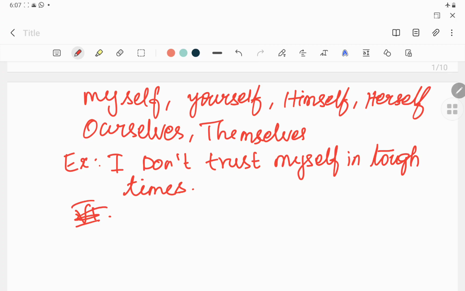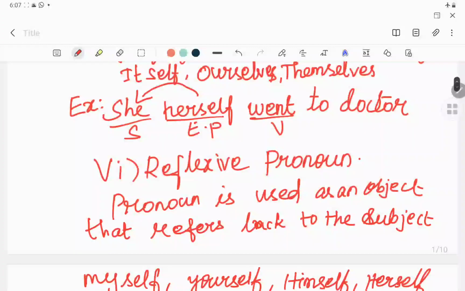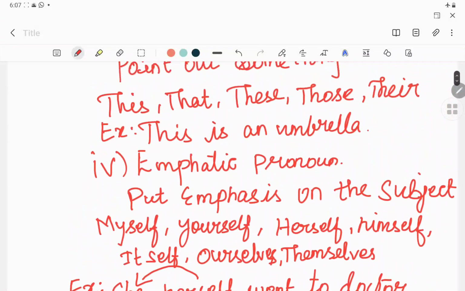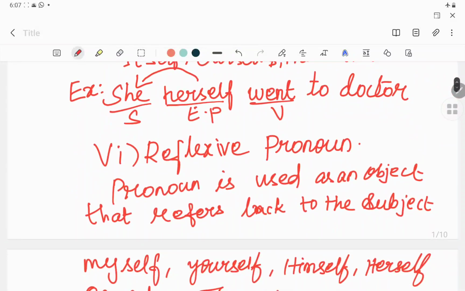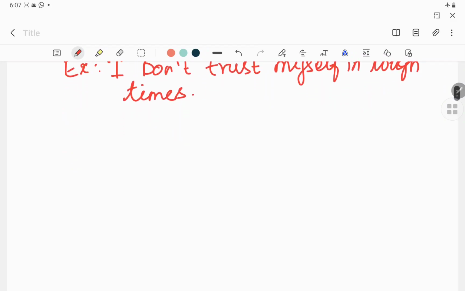I think this is the fourth one, reflexive pronoun is the fifth one, and the sixth one is indefinite pronoun. So first of all you want to know the meaning for indefinite.